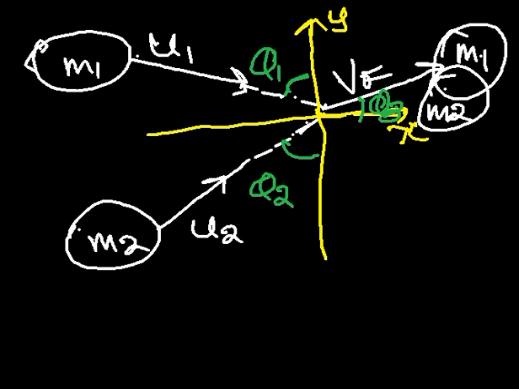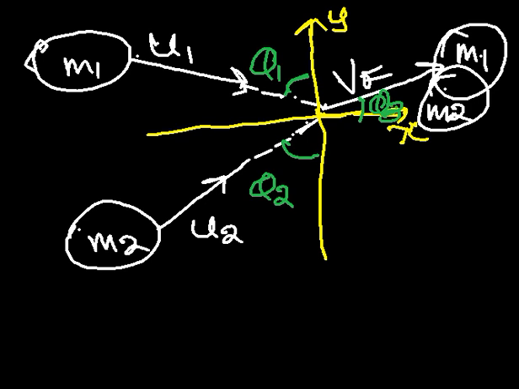Now, how should we go about the analysis of the collision and the conservation of momentum? You can see that both objects are moving before they collide. We would like to have the momentum along x as well as the momentum along y, like the way we discussed a two-dimensional elastic collision.